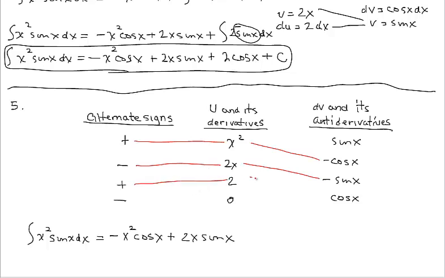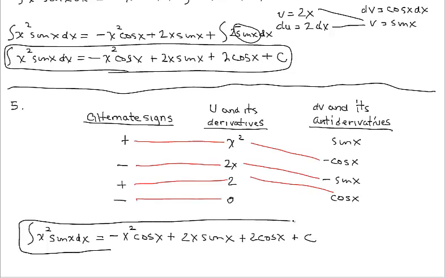The signed diagonal product: positive times positive, and we end up with plus 2 cosine x. Then right here we've run out of terms to find a diagonal product, so we're done. Just add plus c. As you can see and compare to the last answer, it is the same.